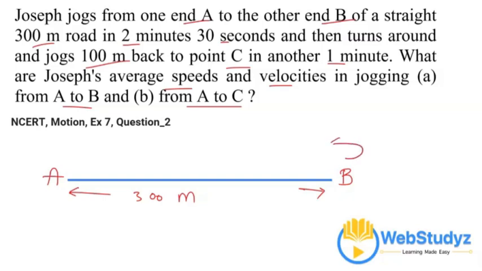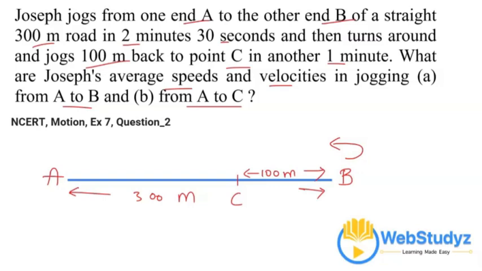Further, he turns around and jogs to point C, that is 100 meter apart from point B in opposite direction.